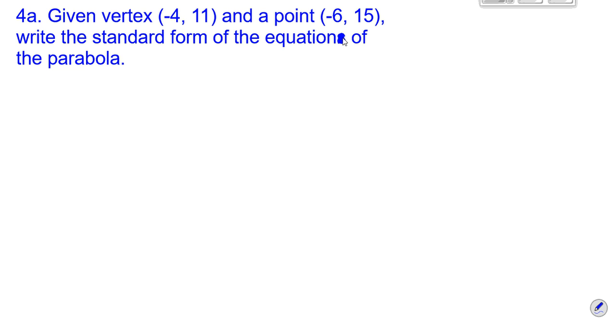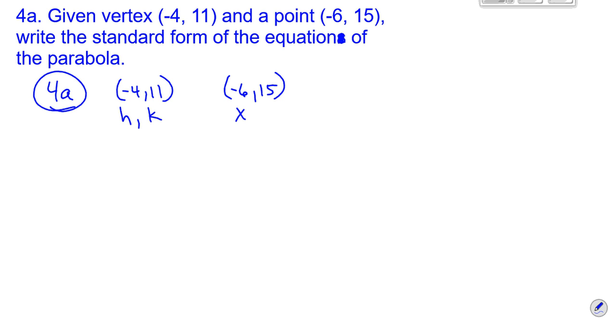So for 4a, we're going to use (-4, 11), which is the vertex. I'm going to label that as (h, k). We have a point on the parabola, which is (-6, 15), and I'm going to label that (x, y).